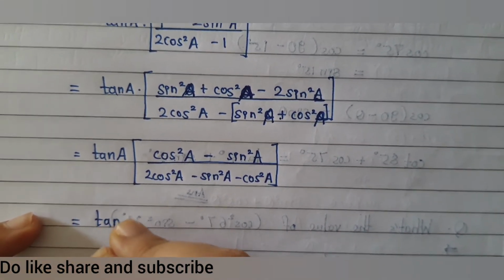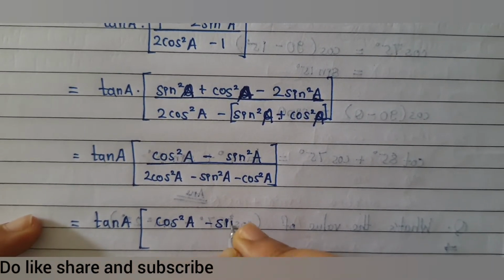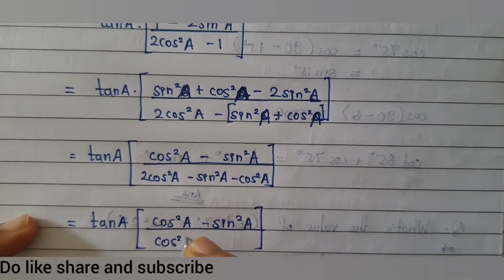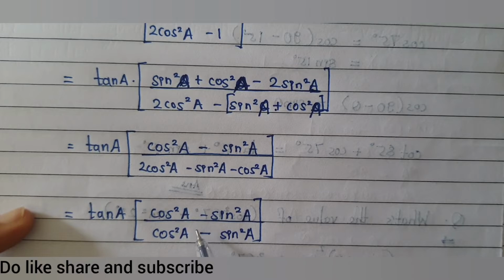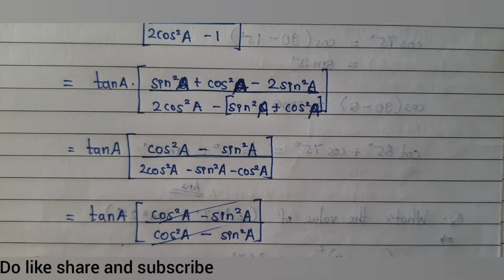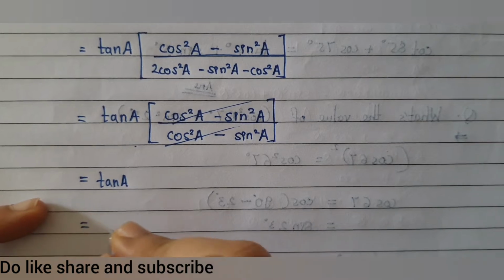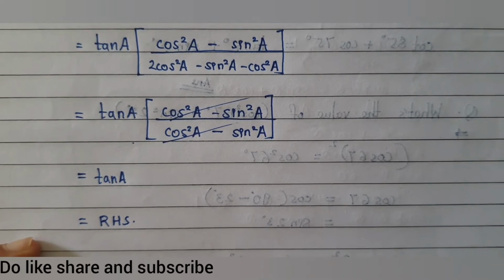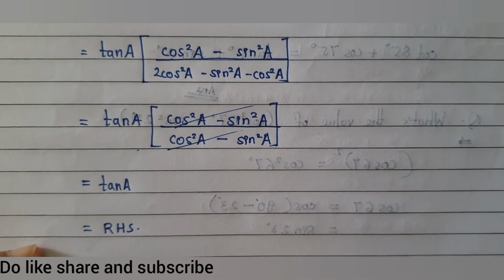So we have tan A into (cos square A minus sin square A) completely divided by (cos square A minus sin square A). You can see the numerator and denominator are the same, so you can cancel it out. So we'll have finally tan A as our final answer. Hence that is equal to RHS. Therefore LHS is equal to RHS. Hence proved.